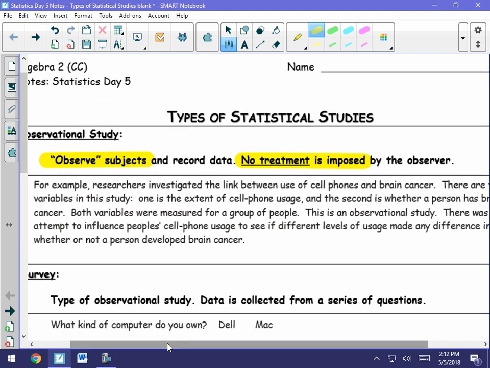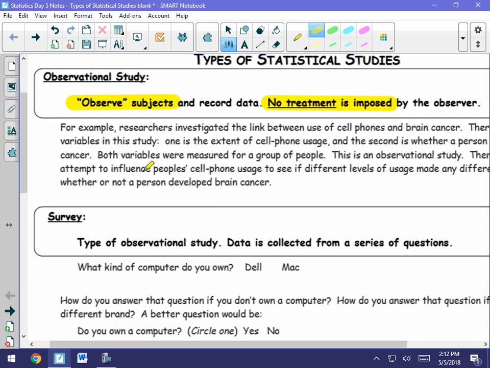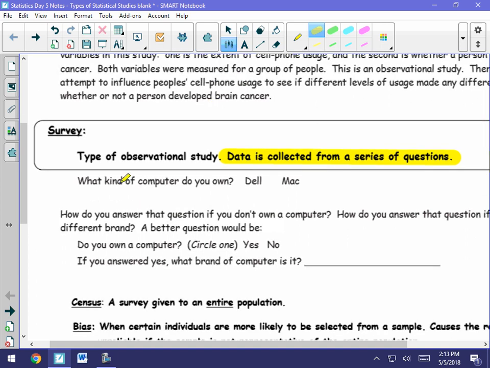A survey is a particular type of observational study. I'm sure you've completed a survey at some point in your life. It says data is collected from a series of questions. We have an example of a survey here: what kind of computer do you own, Dell or Mac? This isn't really the best survey because what happens if you were taking the survey and you didn't have a computer? Or what happens if you had a different brand of computer?